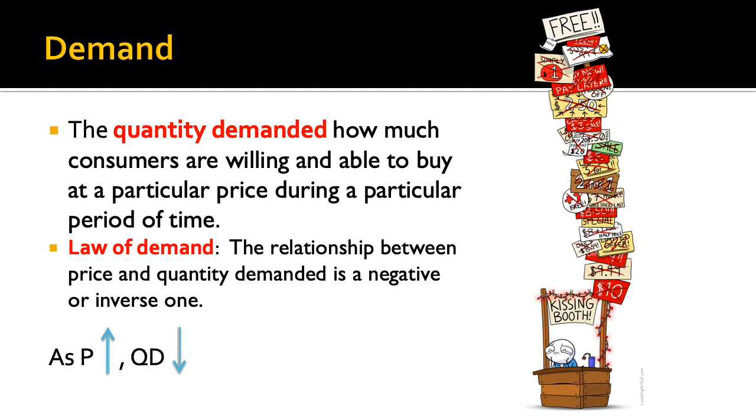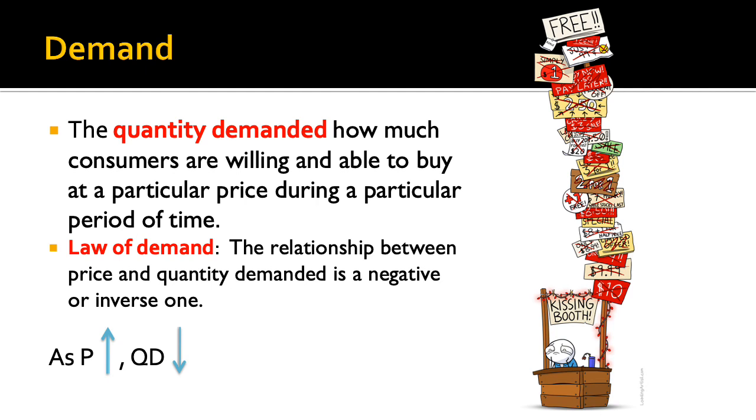So what does the law of demand say? Well, it says that the relationship between price and quantity demanded is a negative or inverse one, meaning when prices increase, the number of units that we want to purchase actually falls. Now, let's think back to our marginal utility example, or our pizza example.